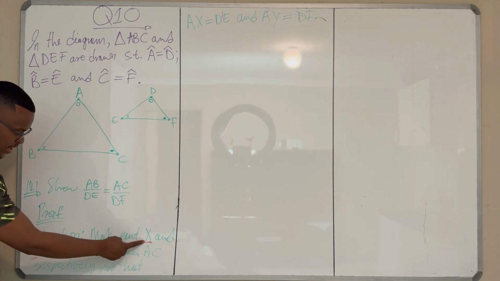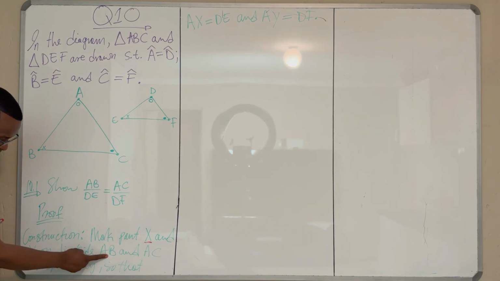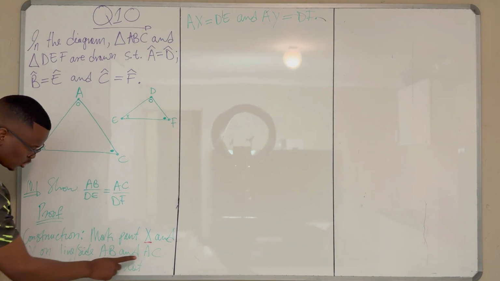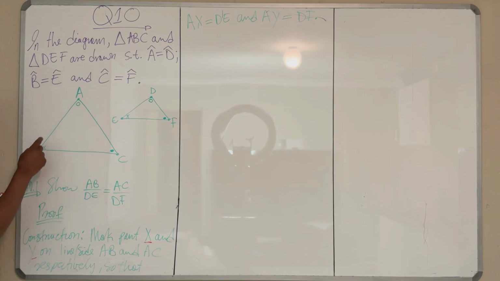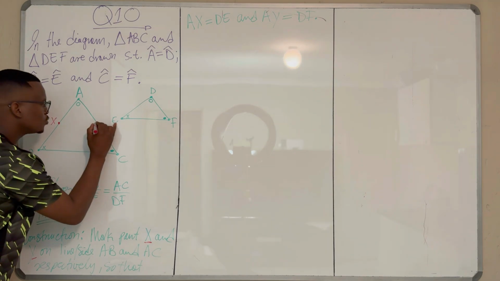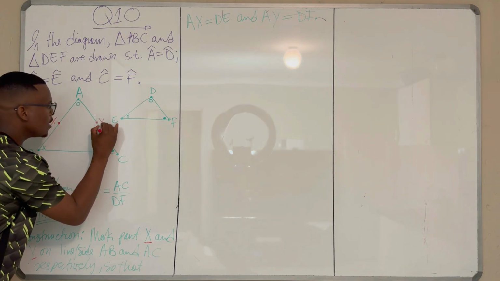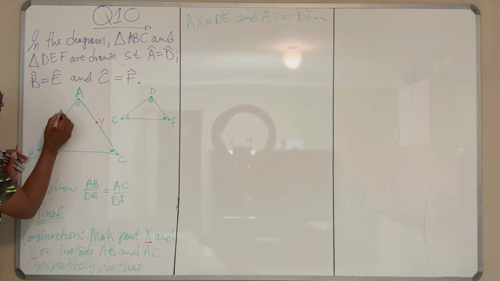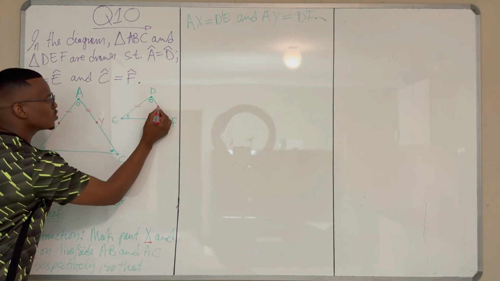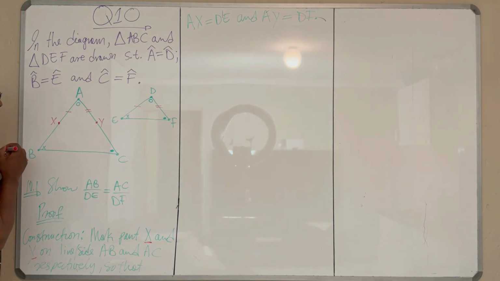I'm going to mark point X on line AB and mark point Y on side AC, so that your AX, right? So I'm going to mark point X here on this line, and I'm going to mark point Y on this line, so that this side here is equal to this side, and the side over here is equal to that side over there, right?